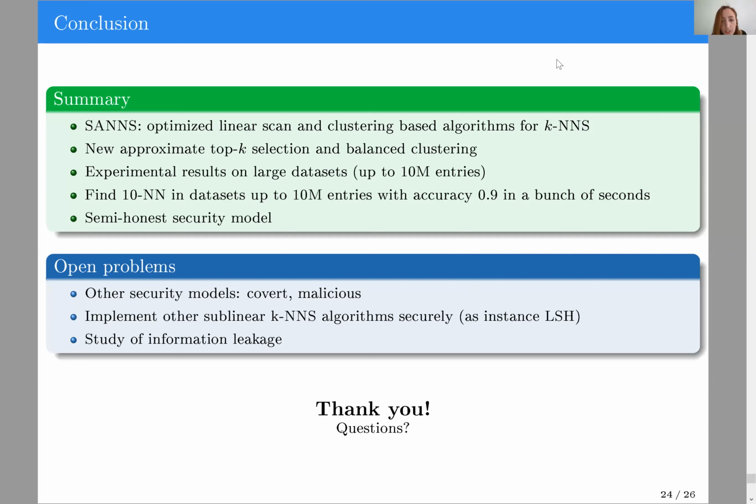Do you find any data sets where SANNS was less accurate? We just did experiments with those 3 data sets. I would say that the accuracy depends on how you set your parameters: how you choose the size of your clusters, how many nearest neighbors you're searching, how many bins.